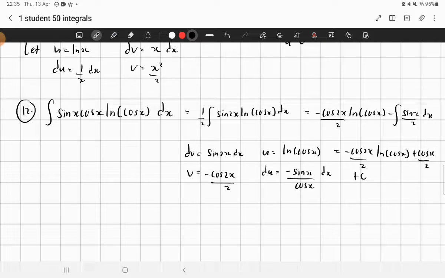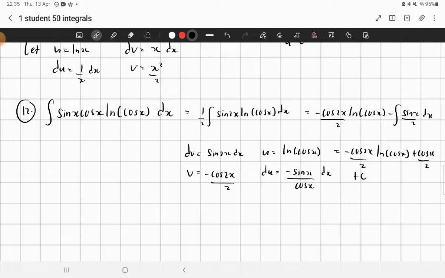Cosine of, oh, okay. So is it correct? I believe so. Cosine square, cosine square. Wait, did I miss anything?